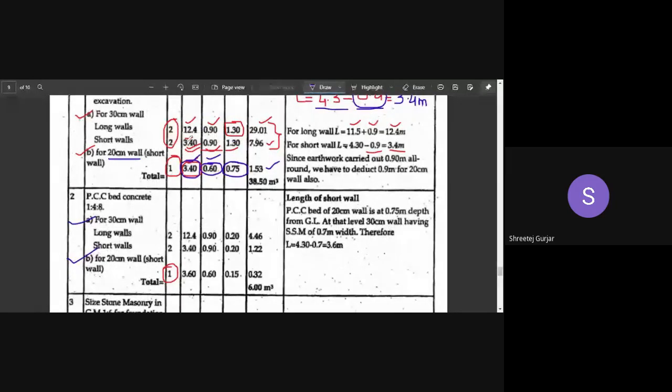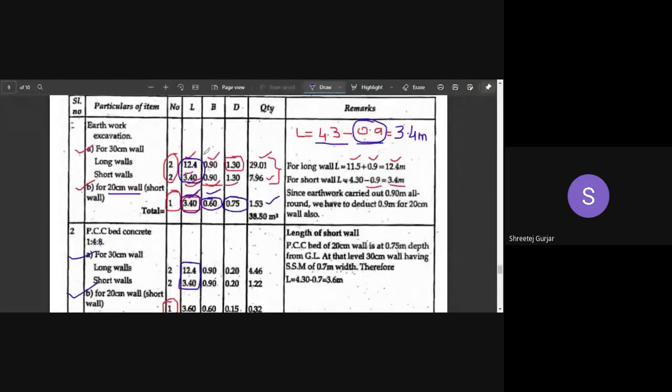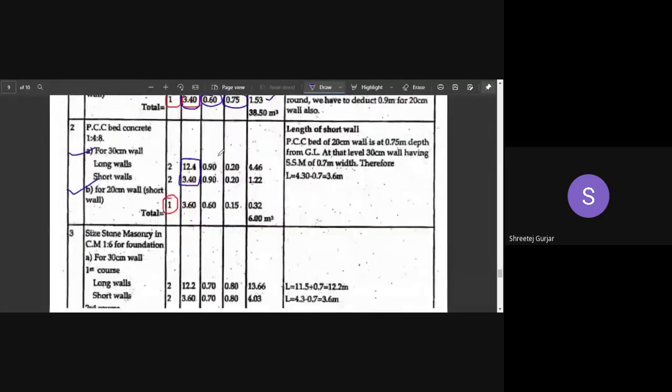So coming to your length calculation, it will be the same as your earthwork, that is 12.4 and 3.4. Same calculation you need to follow. And the width is the same, 0.9 in both the long wall and short wall.